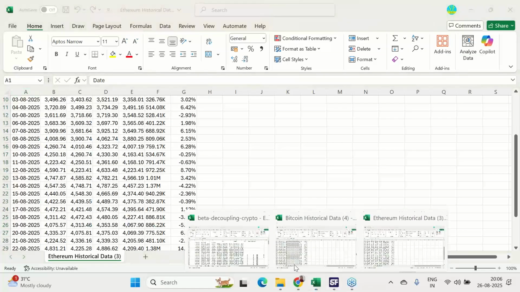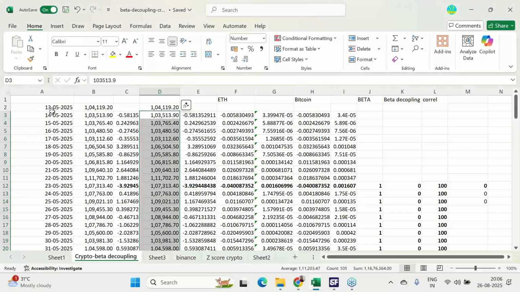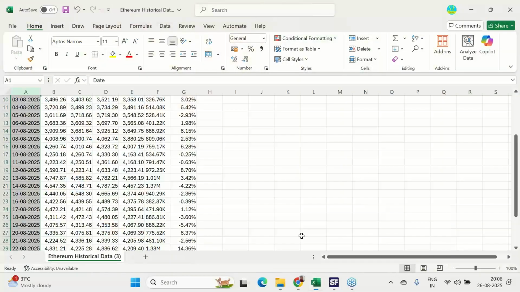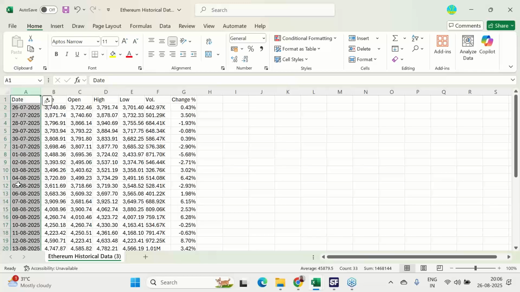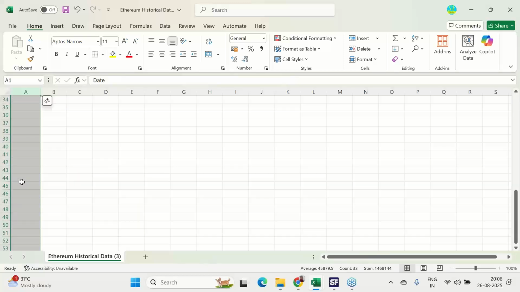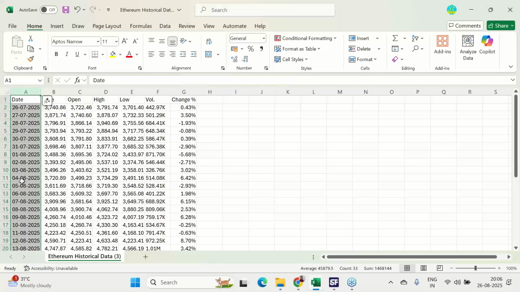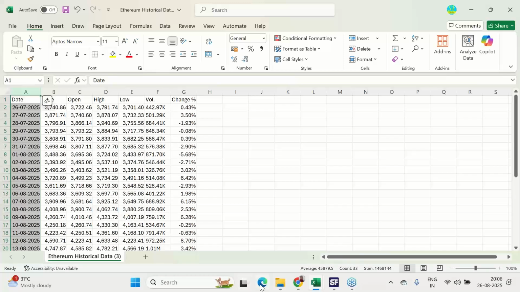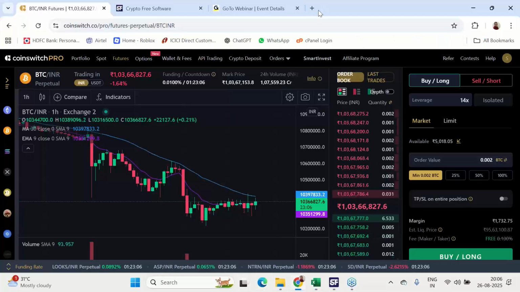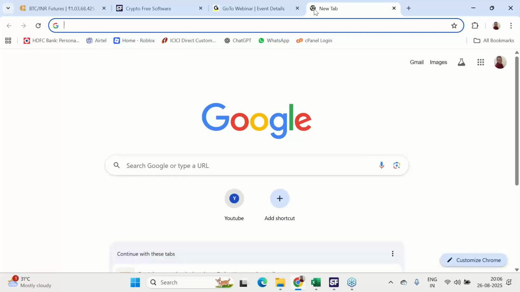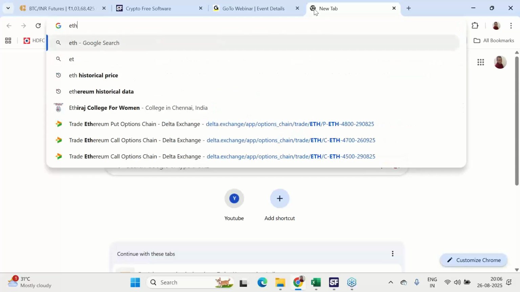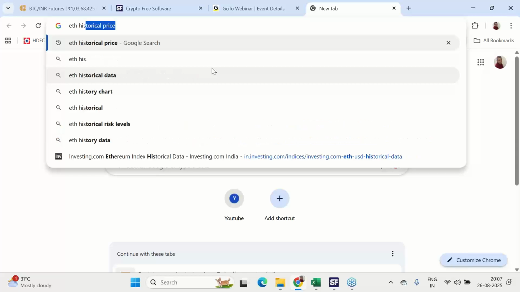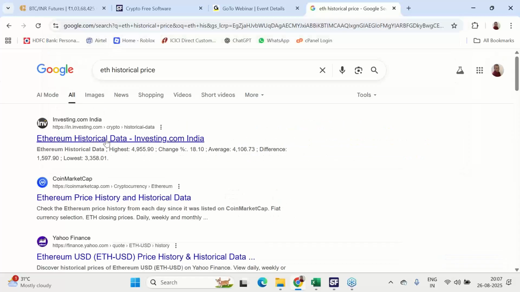I have taken the 13th of May here, and the Ethereum data is coming for only July and August, so we can download it also. ETH historic data, from the same source.